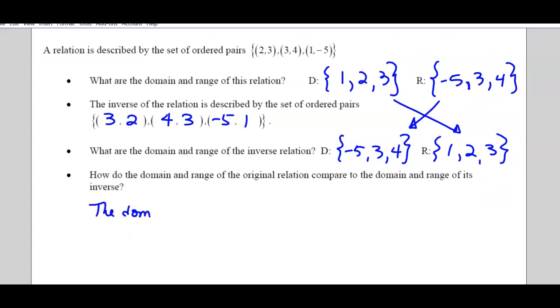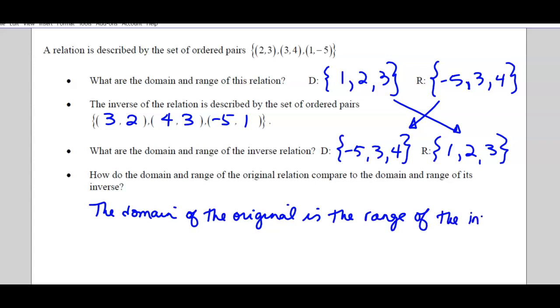So the domain of the original is the range of the inverse. The range of the original is the domain of the inverse.